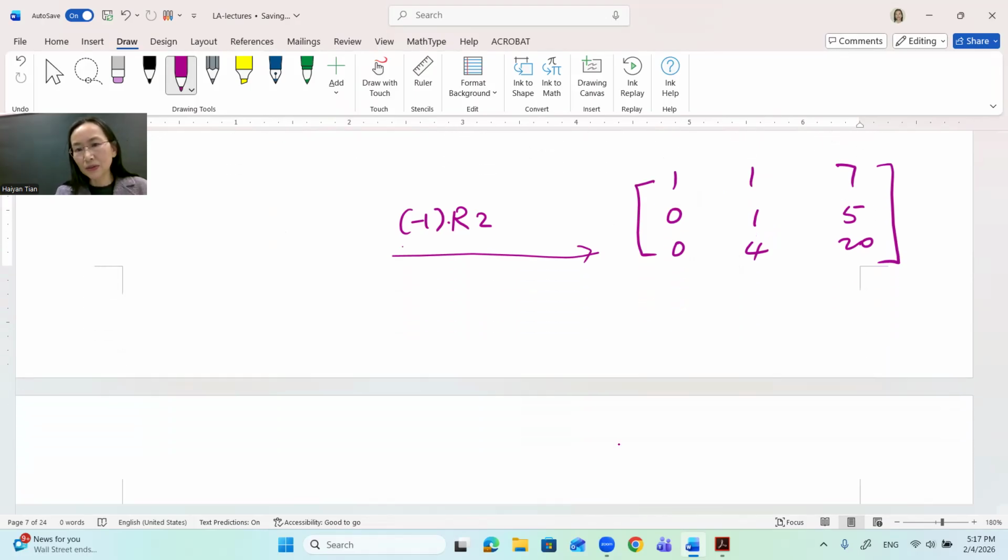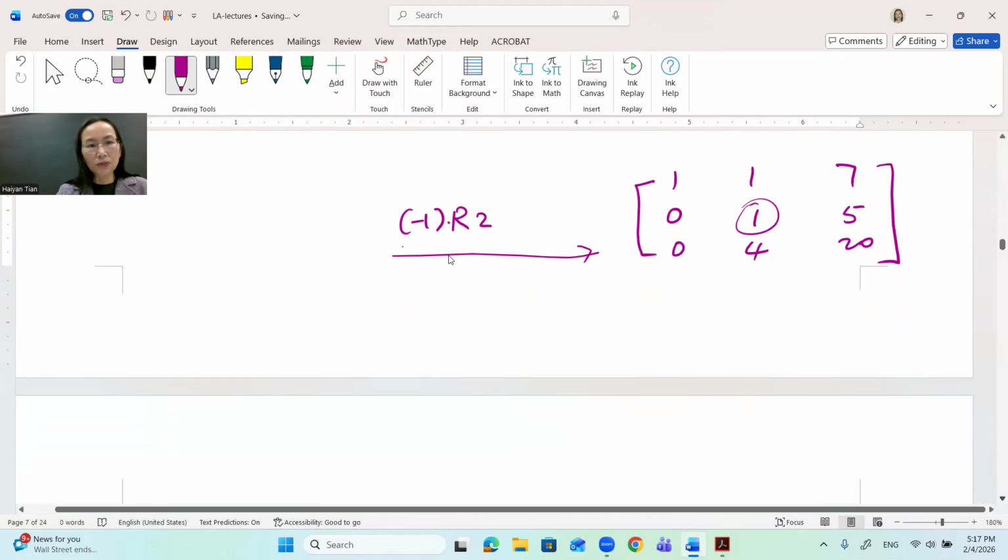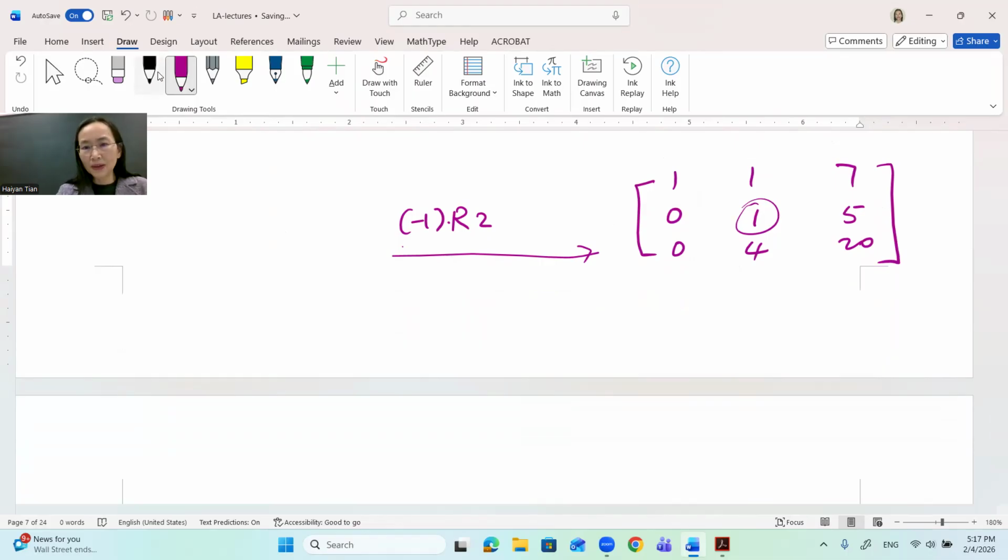And now after we scale the second rule, we're ready to use it. Use the second rule. This is the rule with the pivot. So a multiple of the second rule will be added to the first rule. In order to make this element 0, right? So this one I want to make 0. So replacement of the first rule.